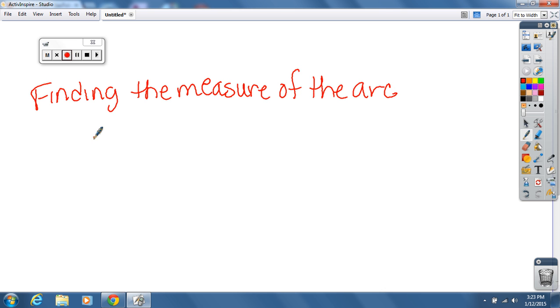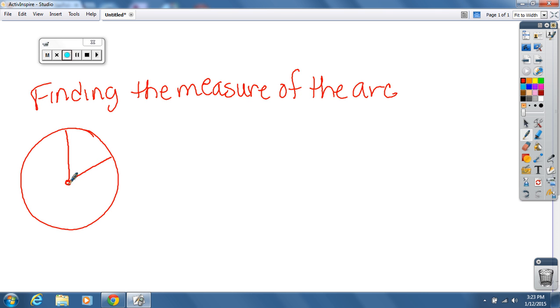And let's see, I've got a circle. How about if I want to find the measure of my arc? I'm going to be given, well, that is deceiving. I didn't mean for it to look like 90 degrees because that is not the measure of this problem. So let me do it a little better here.